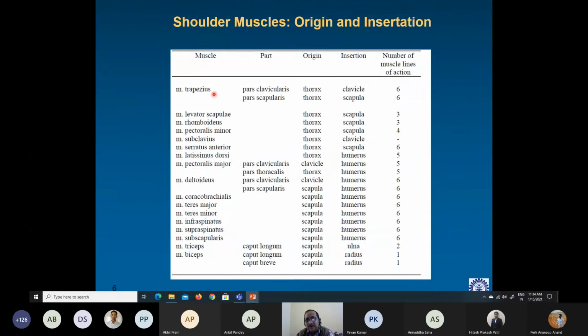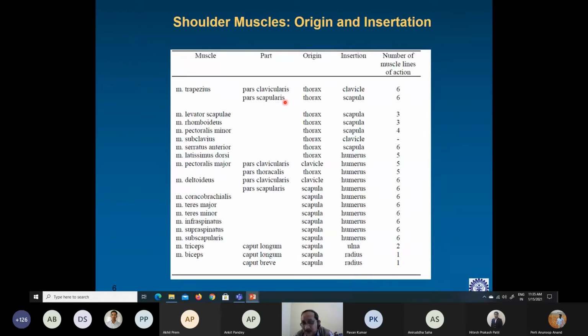The muscle trapezius originates from the thorax, but it is finally inserted in two parts. One part is inserted into the clavicle, the other part into the scapula. So it has 6 lines of force for the part which is attached to the clavicle, and 6 lines of force on the part which is attached to the scapula.